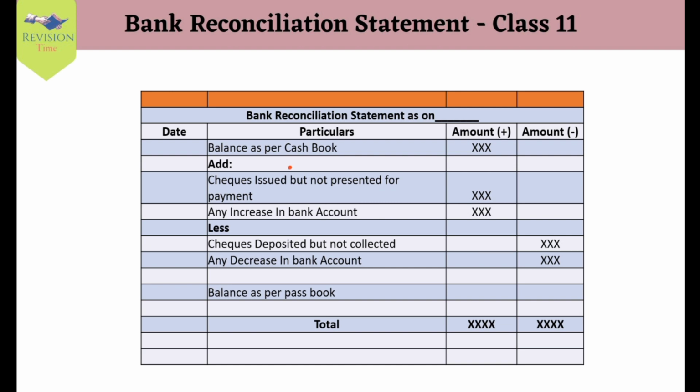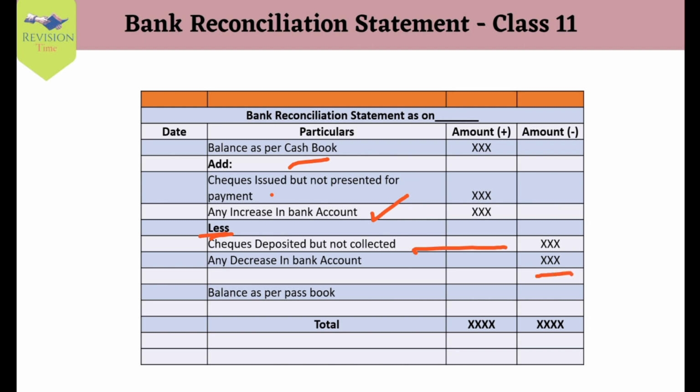Now, balance as per cash book, it is very important to add checks issued but not presented for payment and any increase in bank account is to be added. Second, checks issued but not collected is to be deducted, less any decrease in bank account is to be deducted.